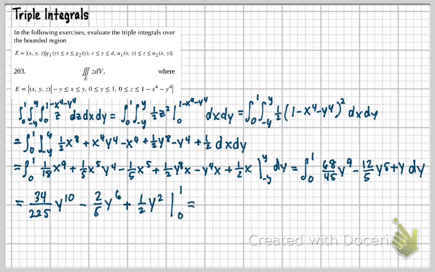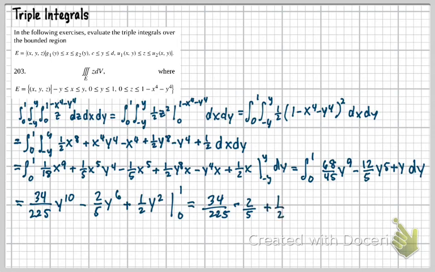So then we're going to get 34 over 225. When I plug in the 1 there, that's just going to be 34 over 225. And then for the second one, it's just going to be minus 2/5. And then for the third one, it's just going to be plus 1/2.